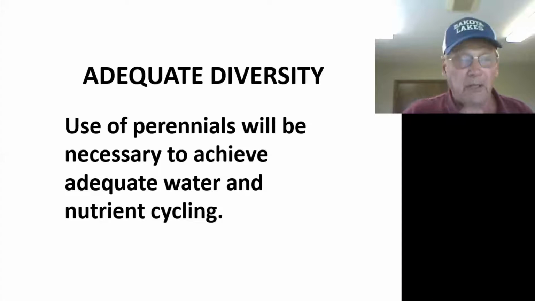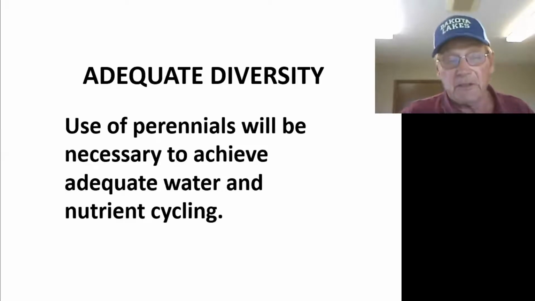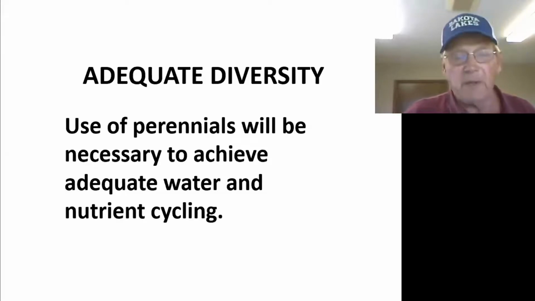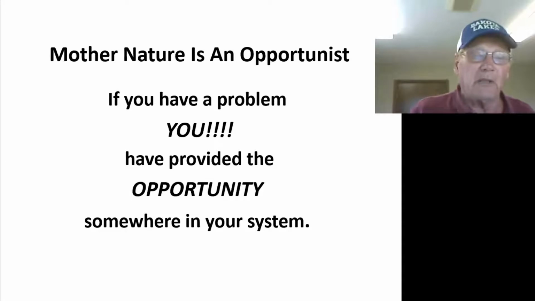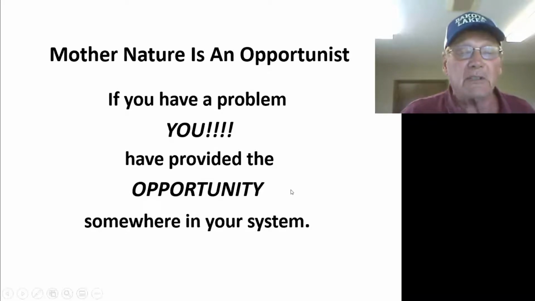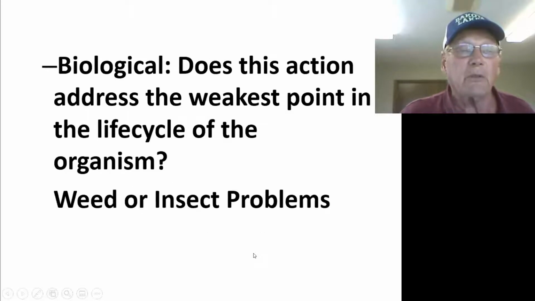We think in order to get adequate diversity, and adequate intensity, we'll probably have to use perennials in the system, whether we plant them in a pattern at the same time or we actually plant them in different phases. If you have a weed or disease or something, we see that as us allowing Mother Nature to do that. She's an opportunist and we provide the opportunity.